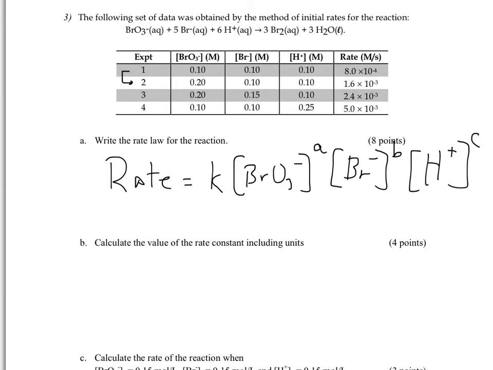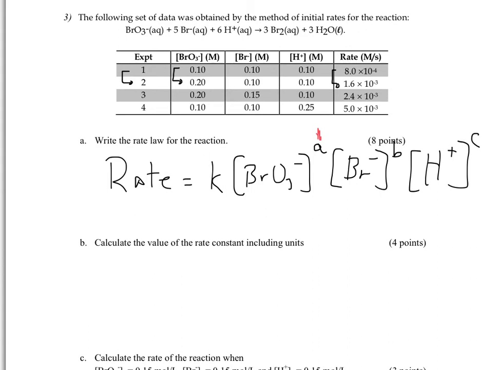And so if we look between experiments 1 and 2, only the concentration of bromate, BrO3-, changed. And it doubled. The concentration doubled, and also the rate doubled. And so since there's a doubling of the rate with a doubling of the concentration, A is equal to 1.